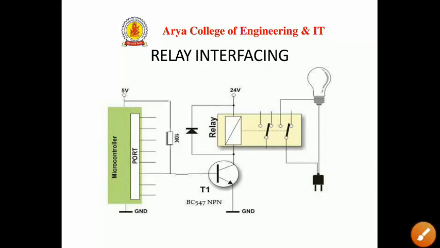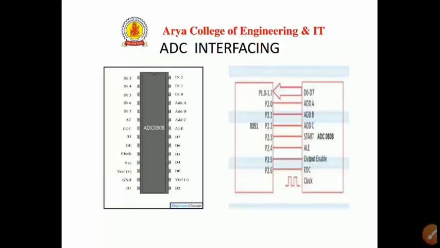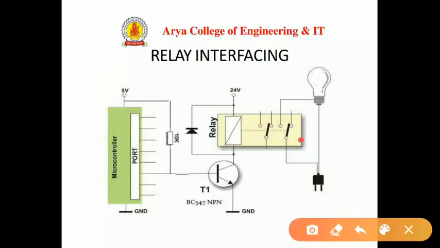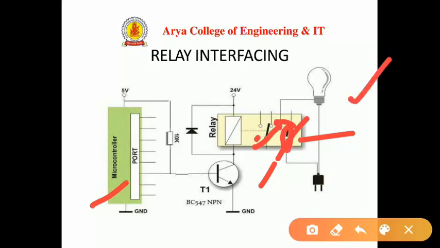Now we have relay interfacing, in which the relay has normally open and normally closed connections. So these are the normally open connections. When we provide a signal from the microcontroller, this is connected to a relay with a transistor also, and if the relay gets the signal, then this connection will move to this terminal, and the supply and the circuit will be complete, and the bulb will glow.